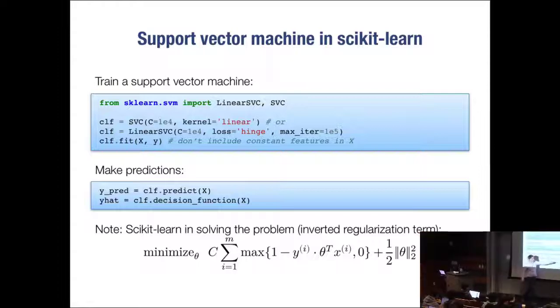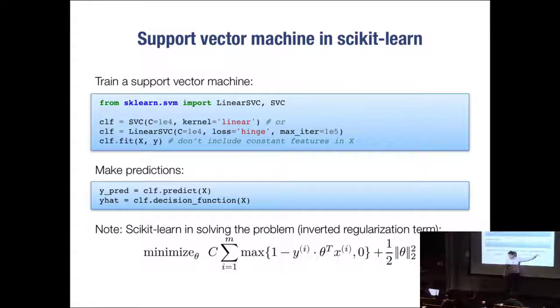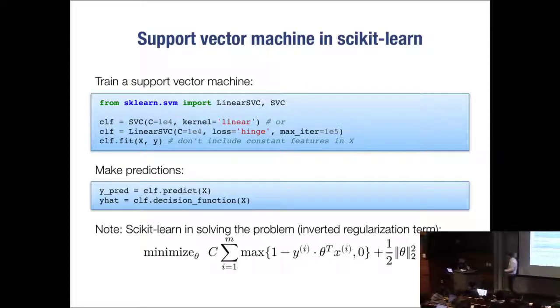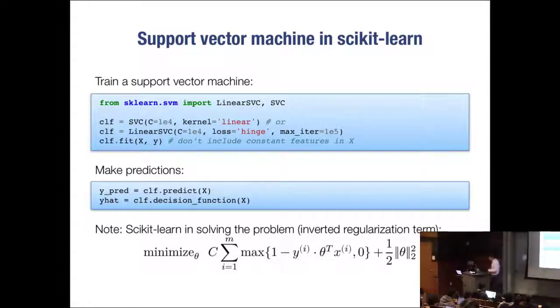And it always keeps a 1/2 term on the regularizer. So just be aware of that because it does lead to different solutions. Basically, bigger c means smaller lambda, so you have to invert how you do the regularization between those two. But again, we'll talk more about regularization next time. These are probably the majority of the functions you need to know to do the homework. Yeah?